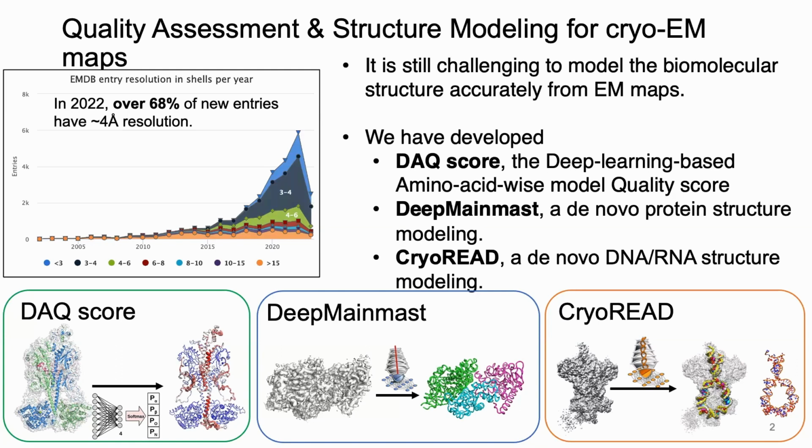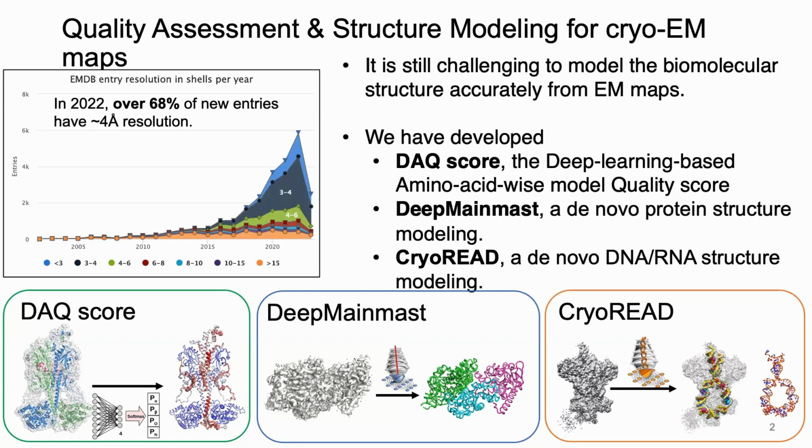But we also know that in the PDB, some atomic models have errors, very critical errors: sequence shifting, inaccurate amino acid assignment, or incorrect positions.